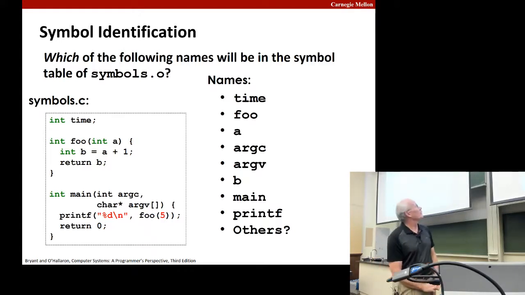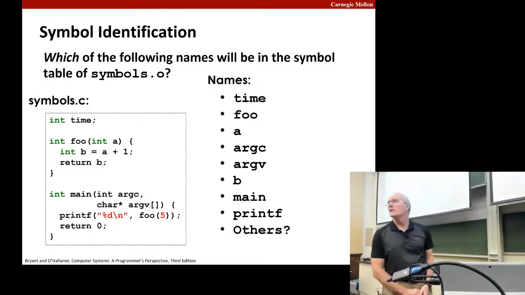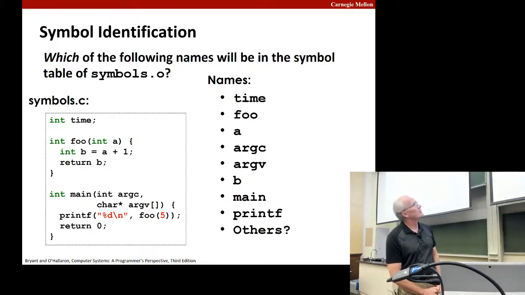Yes, time is a global variable. Foo? Yes. A? B? Right, those are all local variables. Same with argv, argc. What about main? Printf? Anything else here that looks like a symbol to you? This is a trick question.